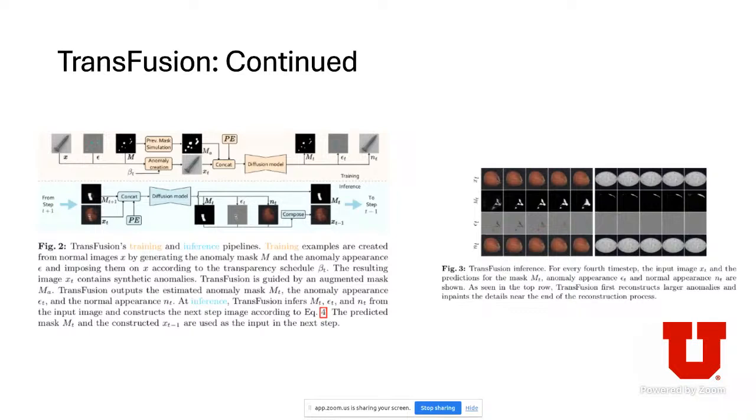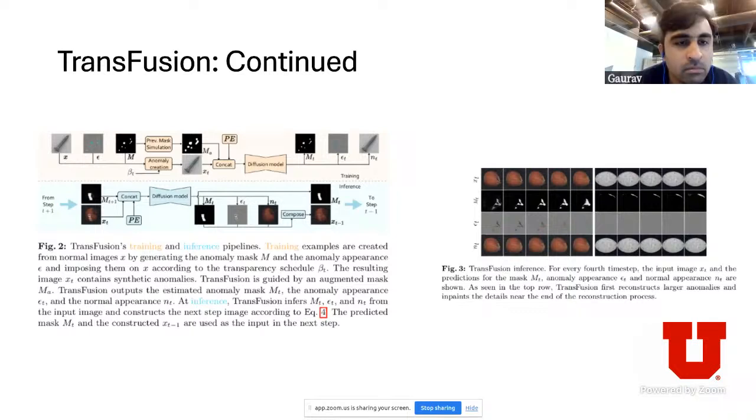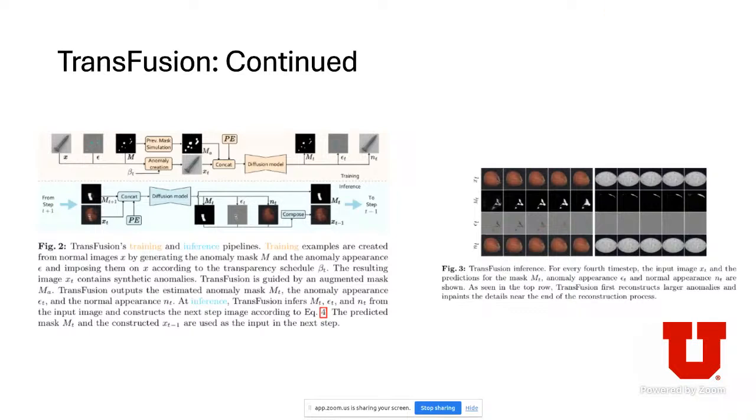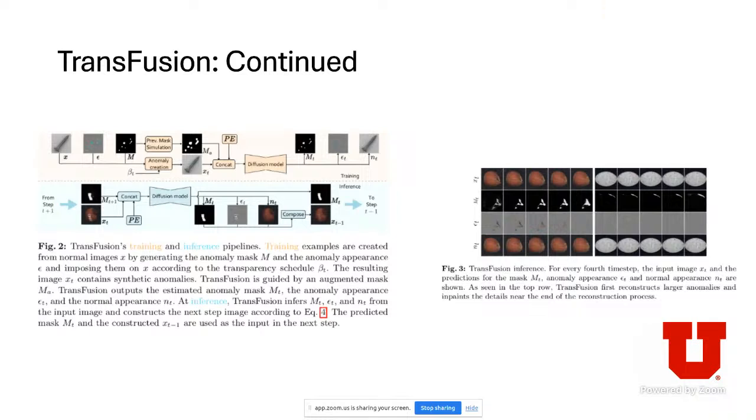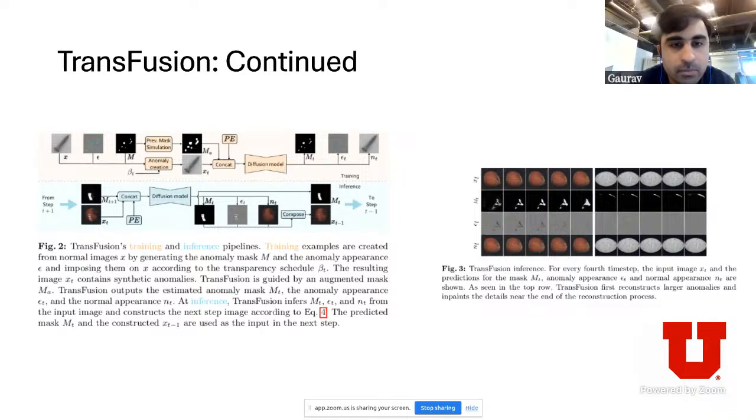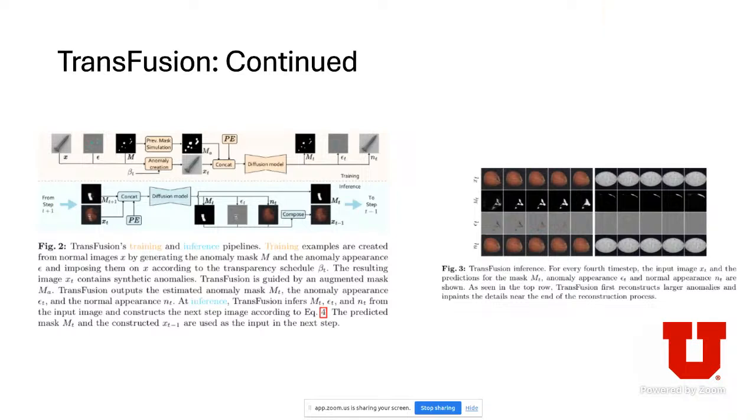So every time you just schedule the beta t, right? You don't add any noise to any of them. There's a transparency schedule, which is beta t. But you still have your mask, right?